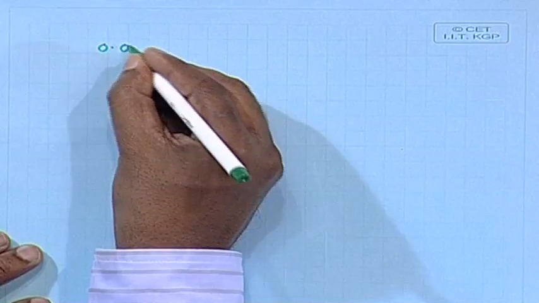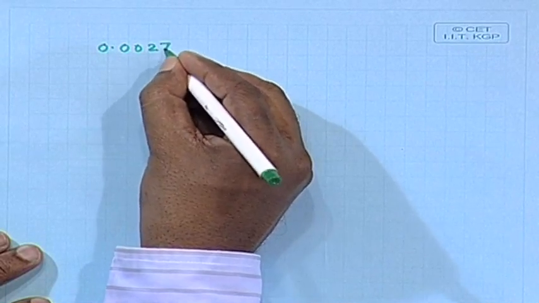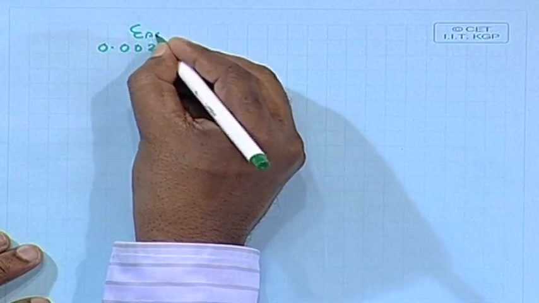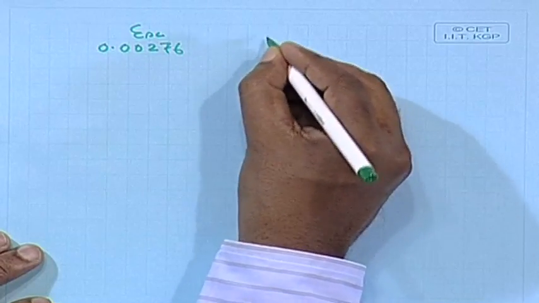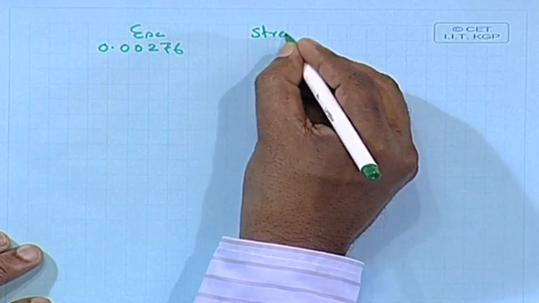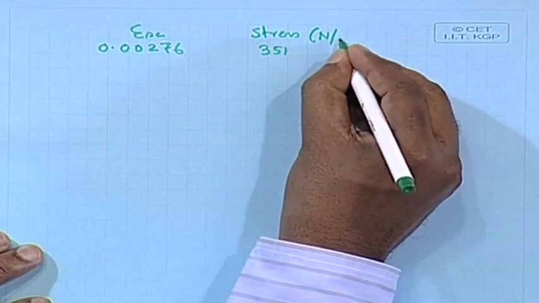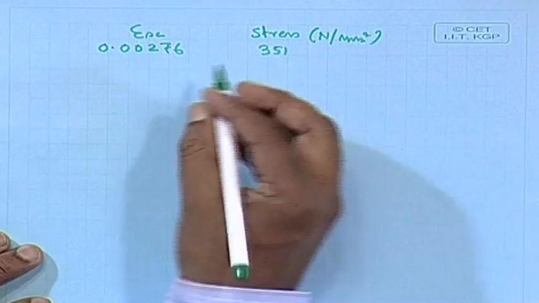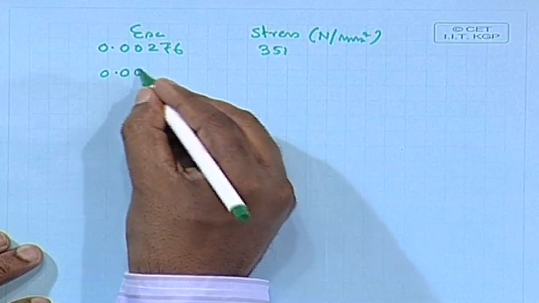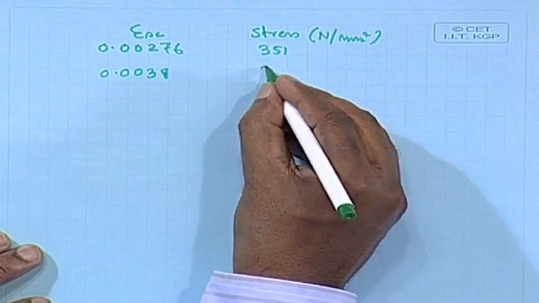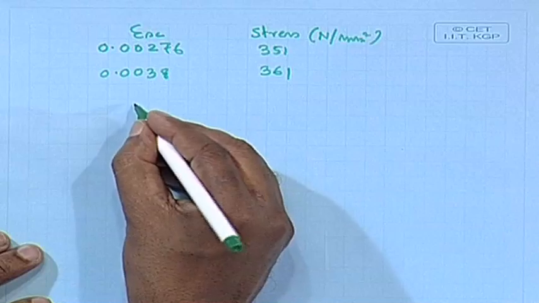So, we can write down epsilon SC 0.00276 strain, stress 351, 0.0038, 361.